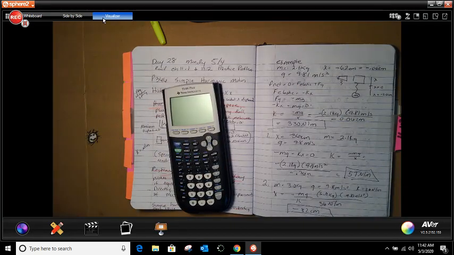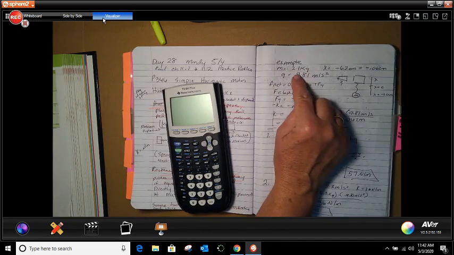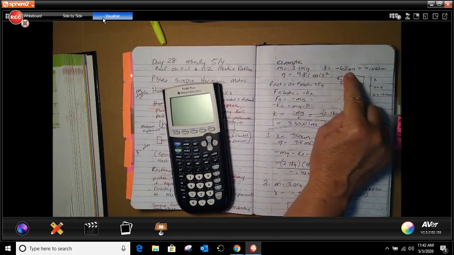In our textbook, we have an example problem. It tells us a mass of 2.1 kilograms attached to a vertical spring stretches 6.2 centimeters from its original equilibrium position. What is the spring constant?